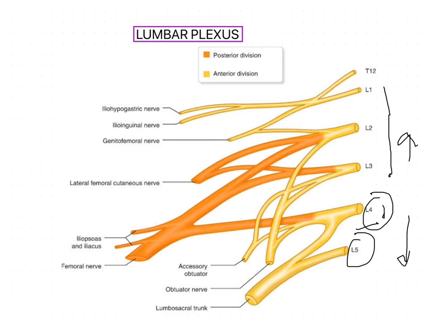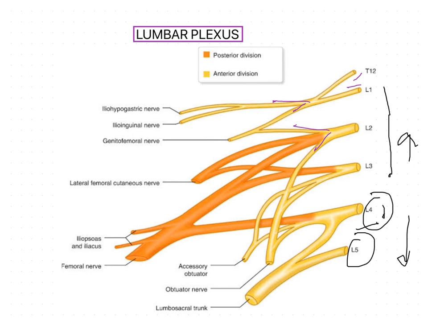And if you consider the formation of the lumbar plexus, the anterior primary rami of L1, and a small twig which is received from T12, forms and divides into upper larger and lower smaller division, and the anterior primary rami of L2 divides into smaller upper and a larger lower division.